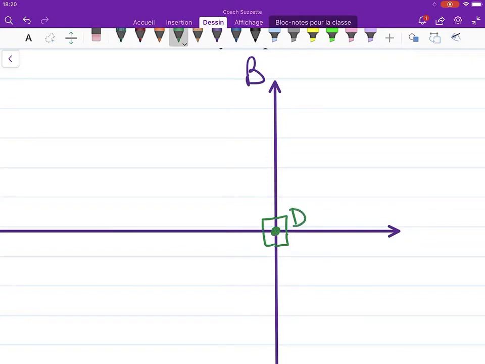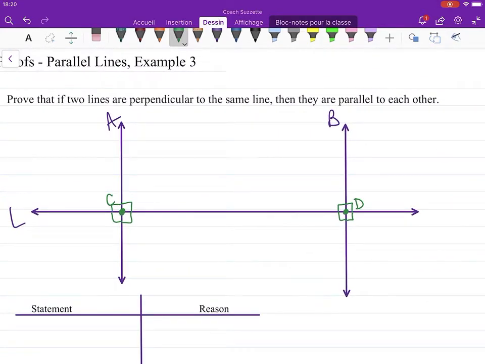Call this point D. And since we're talking about angles, let's add a couple more points. We can say M, N, P, maybe we'll throw in a Q and an R here.